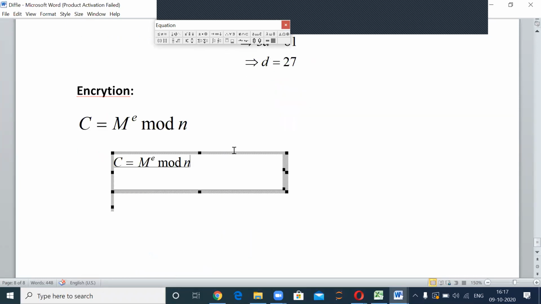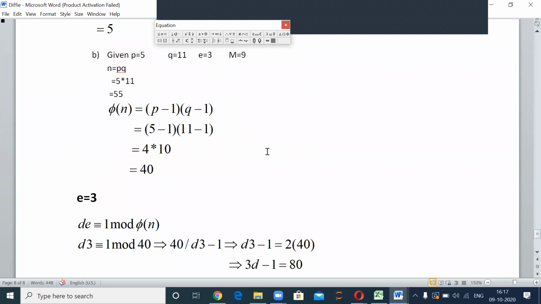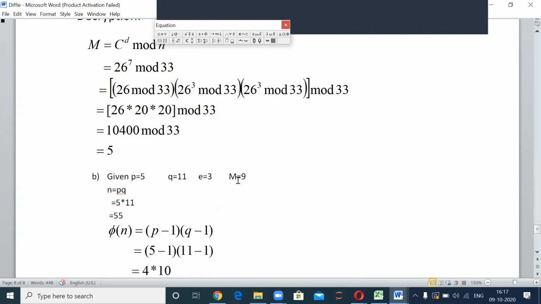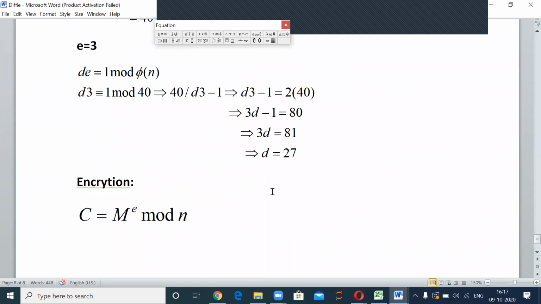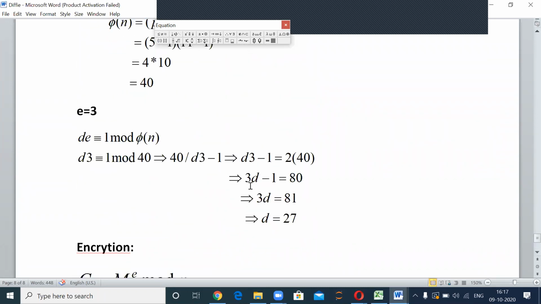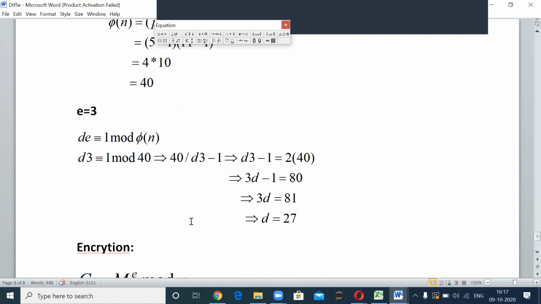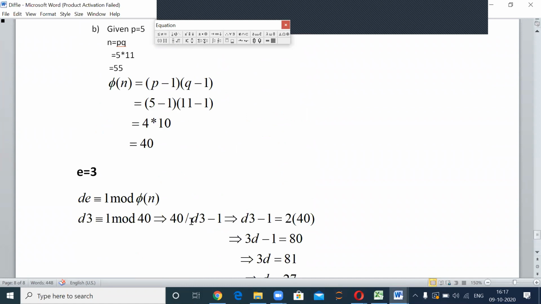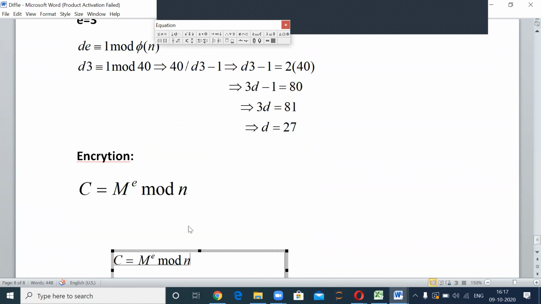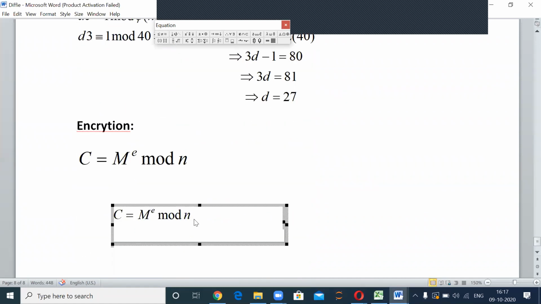Now we substitute. What is given for M? Here M is 9 in this problem. And what is E? E is 3. And N is 55.